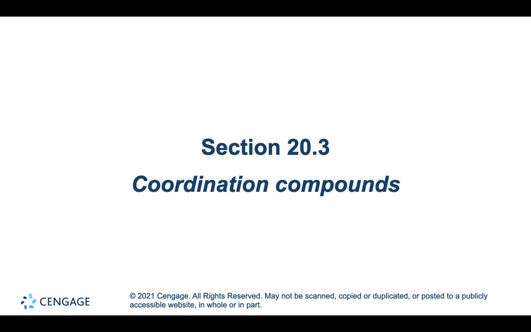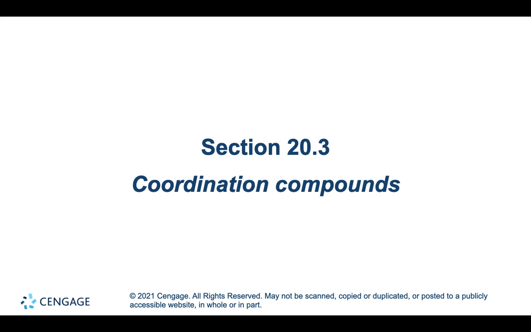So let's get into this section on coordination compounds. Coordination compounds, I mentioned earlier, are when the transition metal ion, cation, is bonded in water with molecules or ions that are going to bond using Lewis acid-base bonds, with the Lewis base donating an electron pair to form a bond to the cation, the transition metal cation.